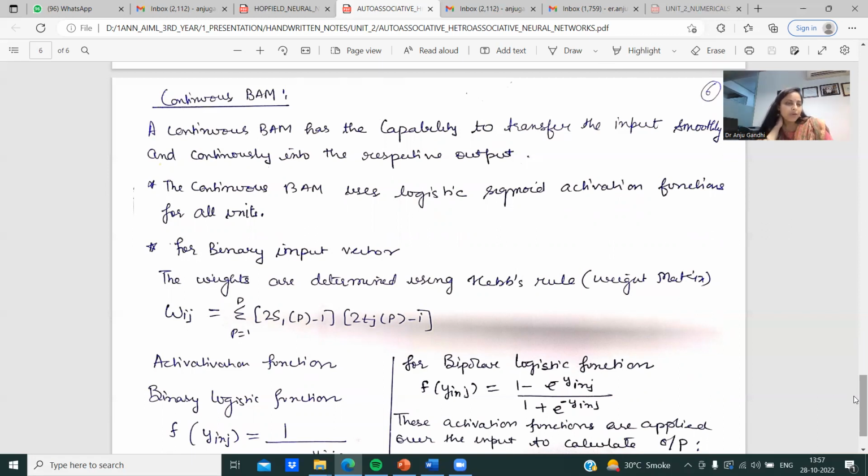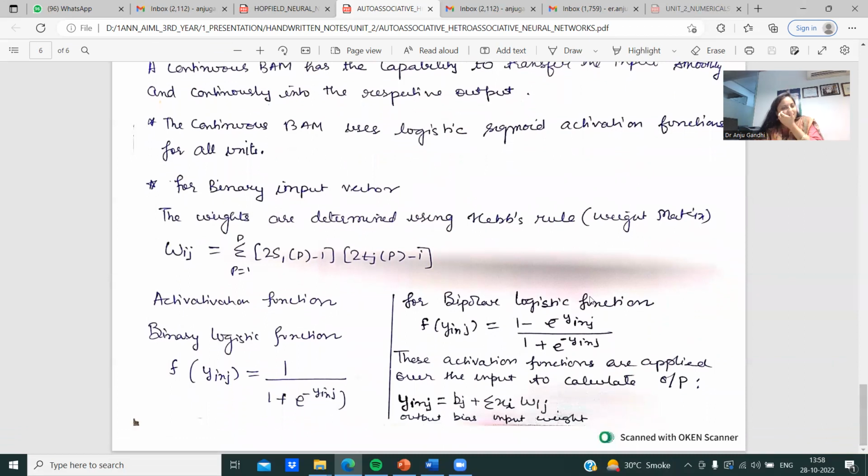The weight matrix will be like this: w_ij is the product of the source pattern and the target pattern. But continuous BAM uses the logistic sigmoid function, and the input changes smoothly and continuously.